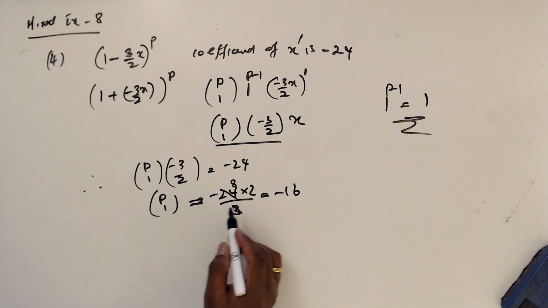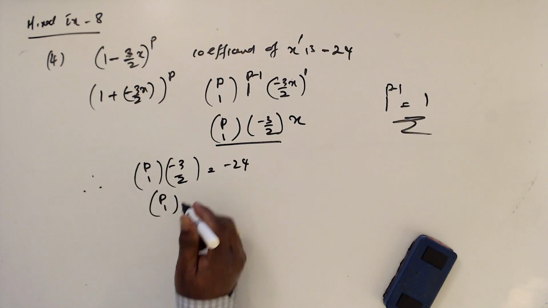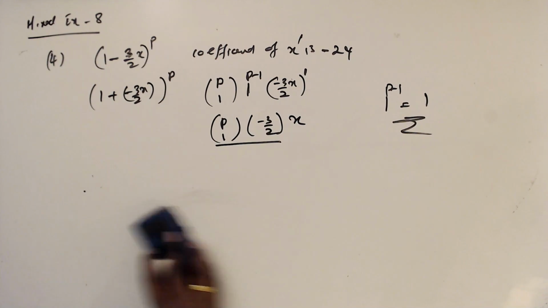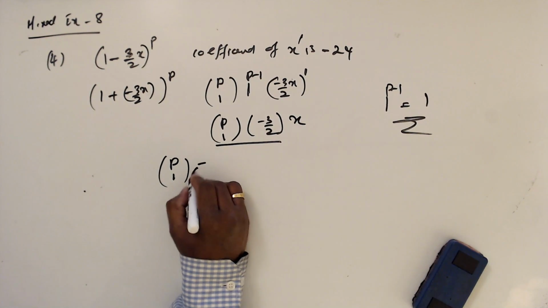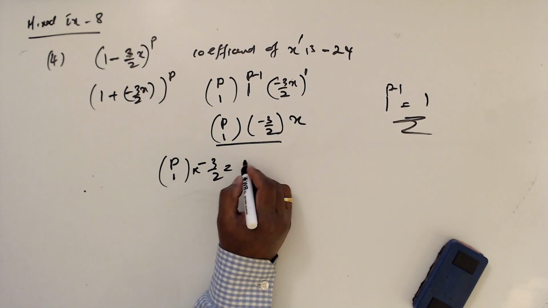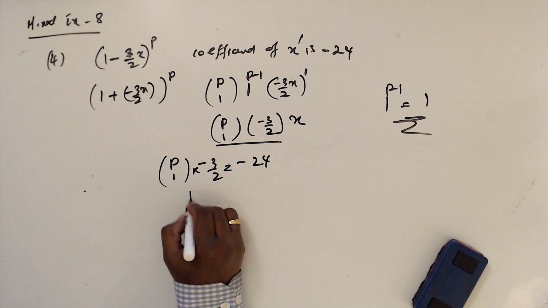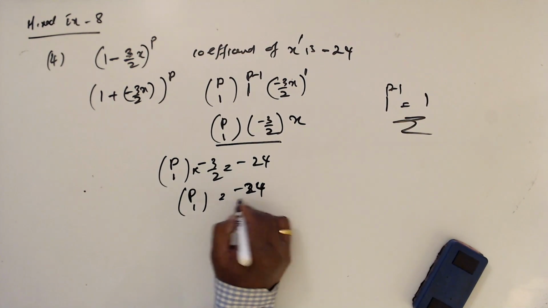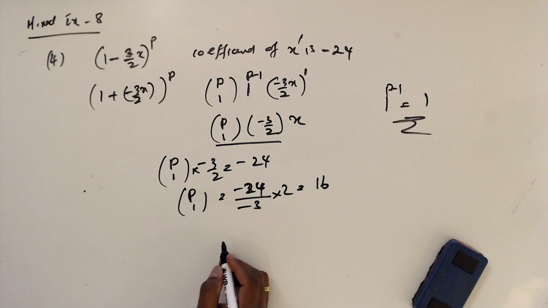In here, I have to work out again. p choose 1 times minus 3 over 2 equals minus 24. Minus and minus cancel out. p choose 1 equals minus 24 divided by minus 3 over 2, multiplied by 2, is going to be 16.